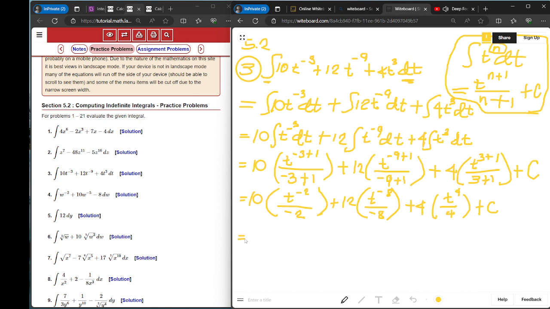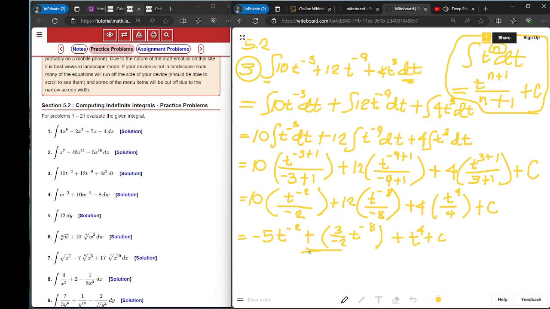Then we can simplify this. What is 10 over negative 2? Do not forget the sign, that is negative 5. Then we have t to the negative 2 plus 12 divided by 8, both are divisible by 4, so this is 3 over negative 2, right? Then t to the negative 8 plus 4 divided by 4 is 1. So that will be t to the 4th plus c.